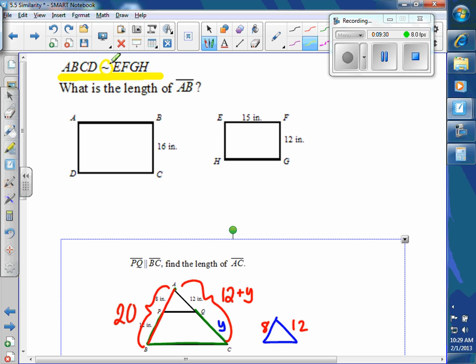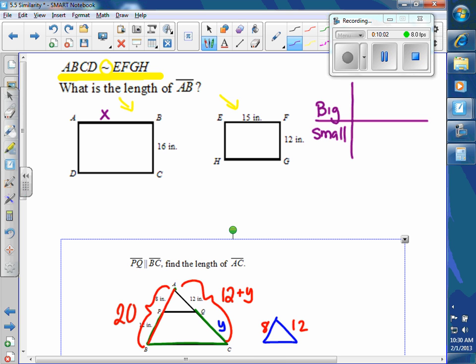So in this problem, you're being told this figure, ABCD, is similar to this figure. When you're told the figures are similar, you can assume the sides are proportional. And so if you have to find a missing value, you just give it a variable and you set up a ratio proportion. You would compare the big to the small.